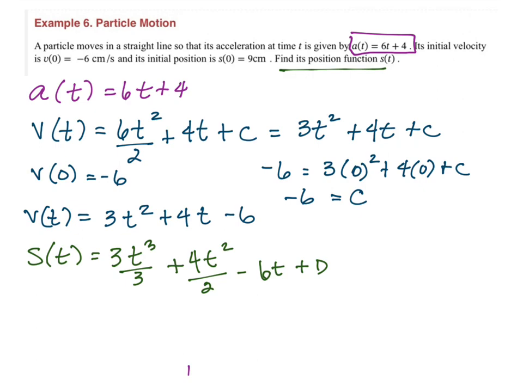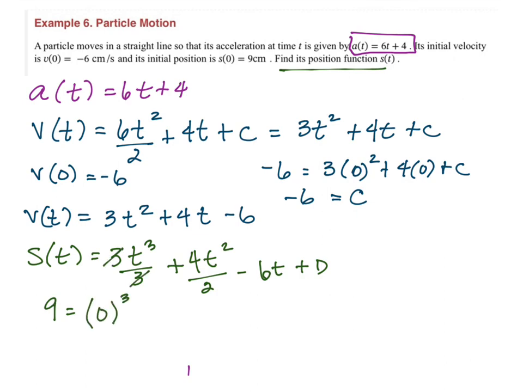And we can find that d term by setting position equal to 9 when t equals 0. Okay, so I skipped some steps here as far as simplifying are concerned.